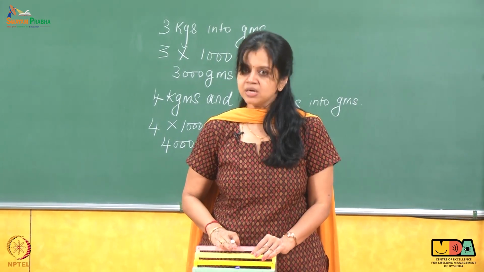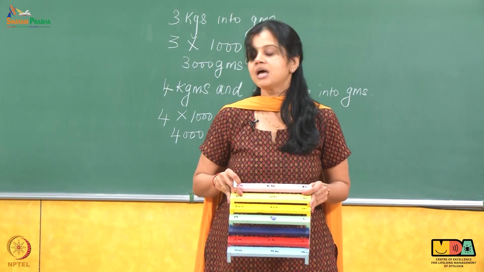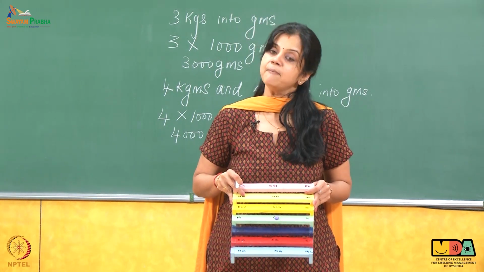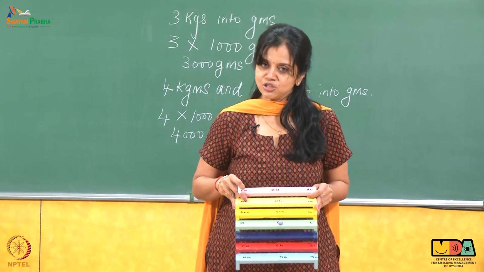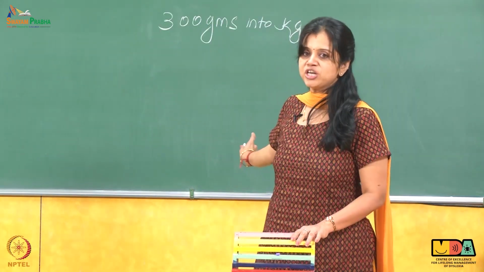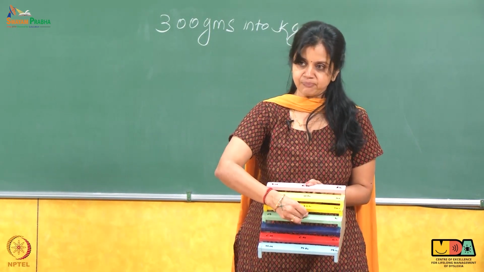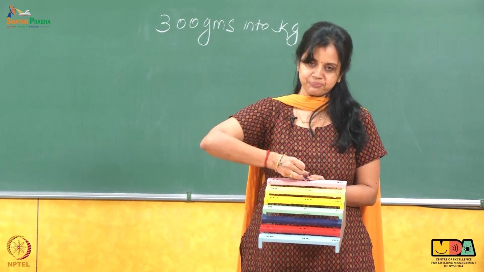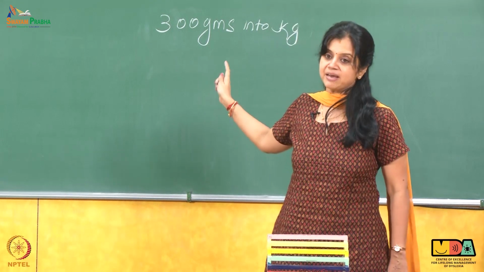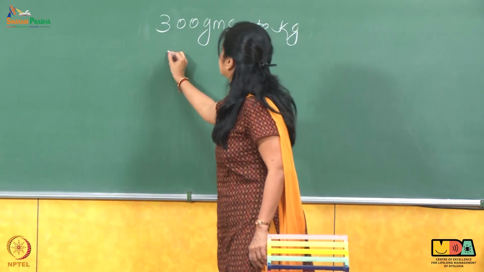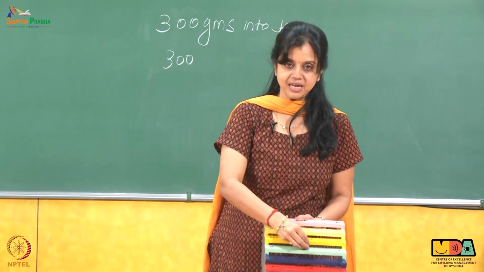But let us remember, we need to give them the pre-skill that going down refers to multiplication and coming up refers to division much before you start giving numbers and sums based on conversion, because they need to know what they need to do. Let us look into this sum. Here you need to move from a lower step to a higher unit, or move up the ladder. What is it that they are supposed to do? First they need to write the number that is given there, 300, place this on grams.